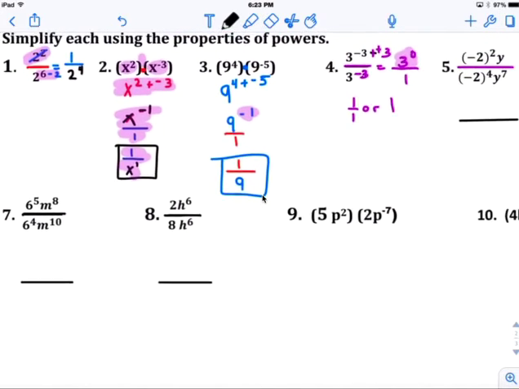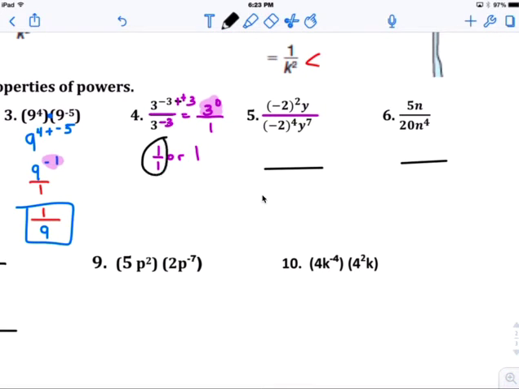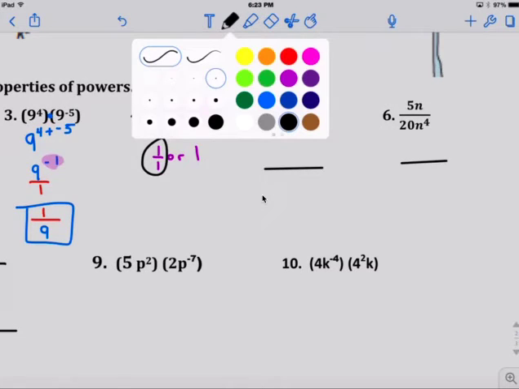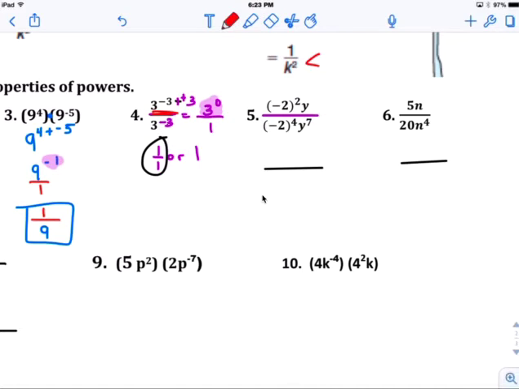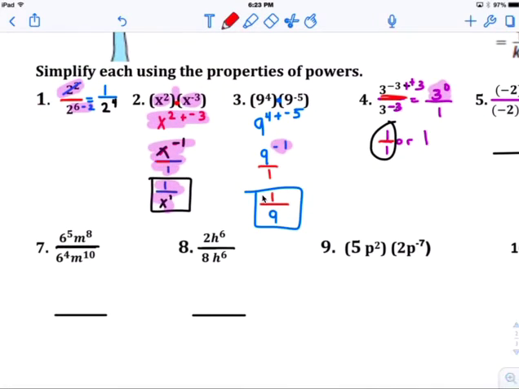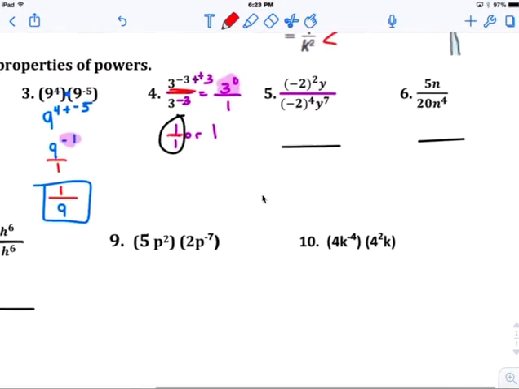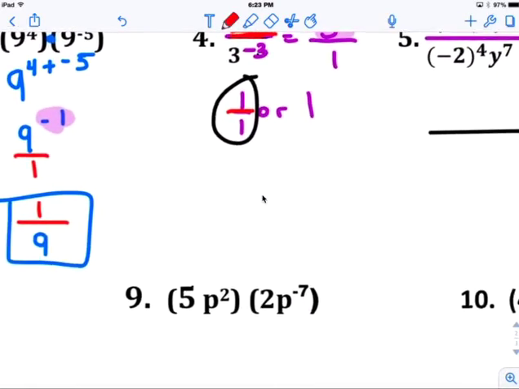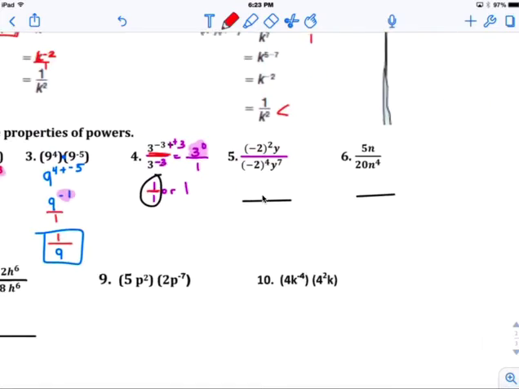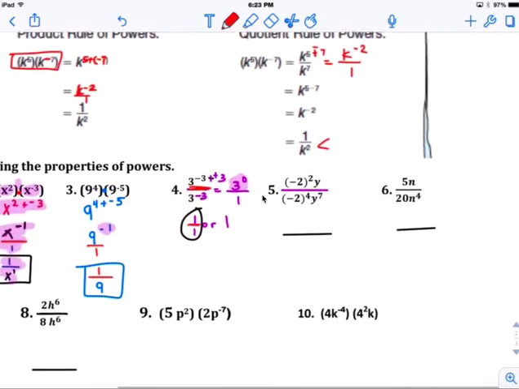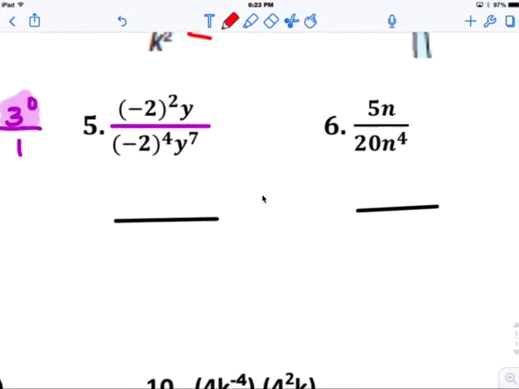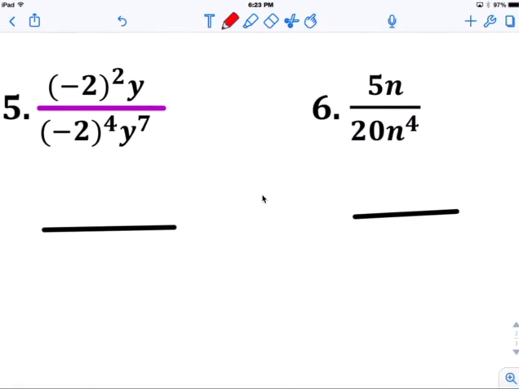Okay? You can leave your answer as 1 over 1. If you forget that, I'm fine. But if it starts out with a fraction bar, the answer stays a fraction bar. Don't let it go. If it doesn't have a fraction bar, well, you sometimes end up with it if it's a negative exponent.